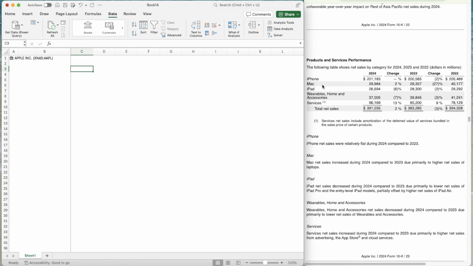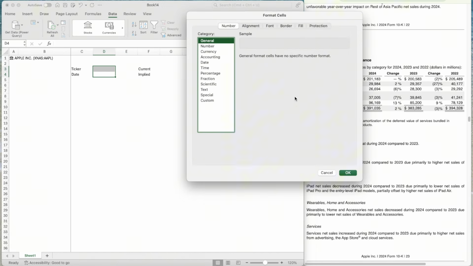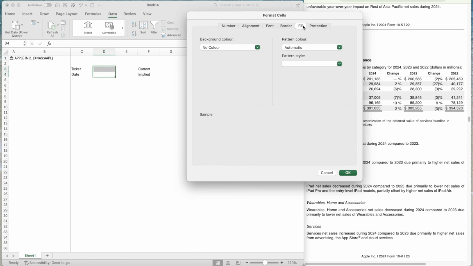So we start with our assumptions. Actually, we'll just fill in the ticker and the date. This is just a bit of admin so that when we come back to it, we know when we did these numbers, basically. Let's go fill first.